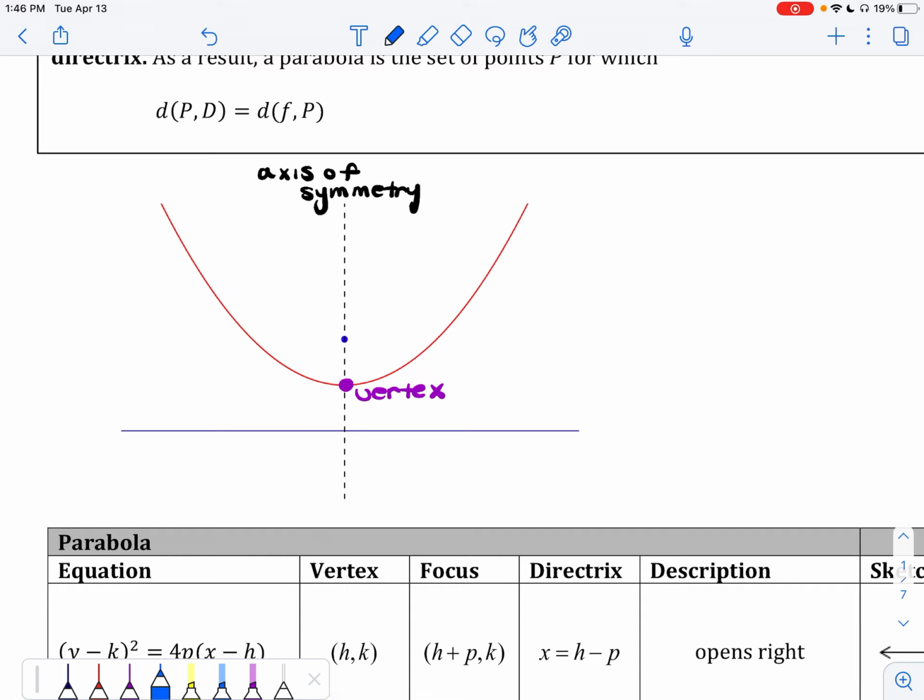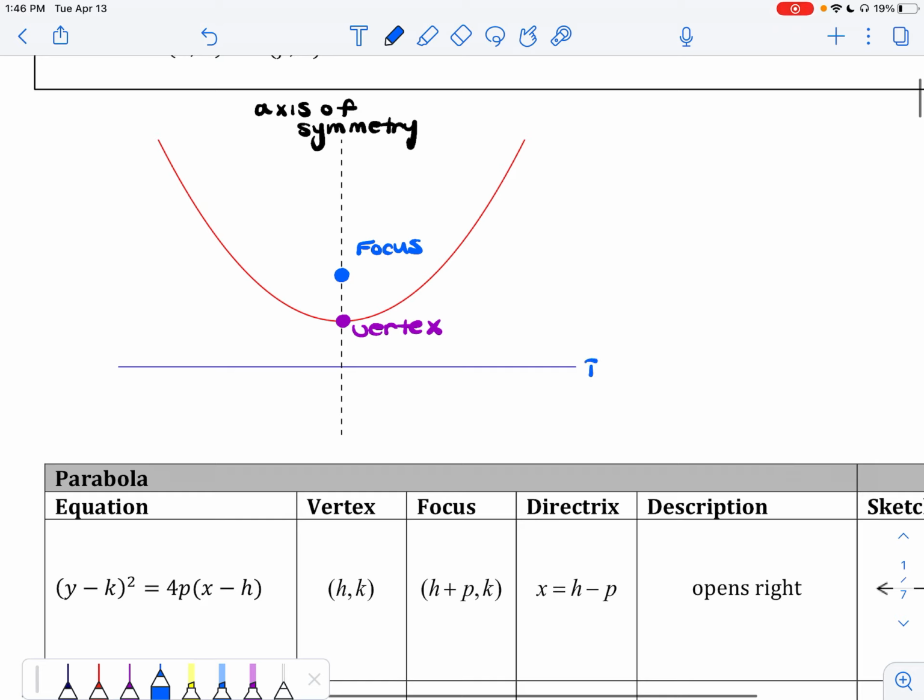So this point that I have right here in blue, this point that sits inside the curve of the parabola on the axis of symmetry, is what we call the focus. Okay, and then this line down here that I have perpendicular to the axis of symmetry, this is called the directrix line.